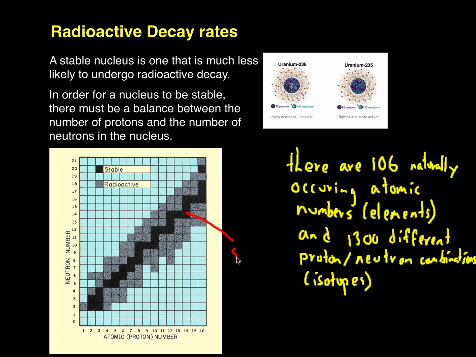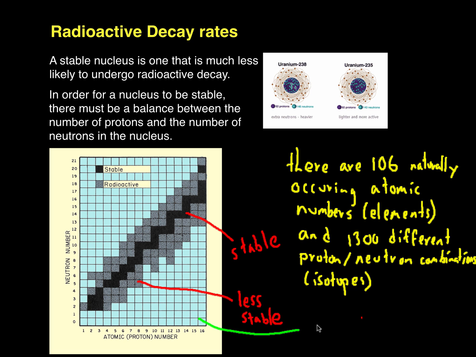This table shows you all the possible combinations for the first 16 atomic numbers. The black line indicates the stable proton-neutron combinations. For example, helium-4, 2 protons, 2 neutrons, is a stable nucleus. The gray isotopes are less stable. They would be more likely to be radioactive, and they would decay more quickly.